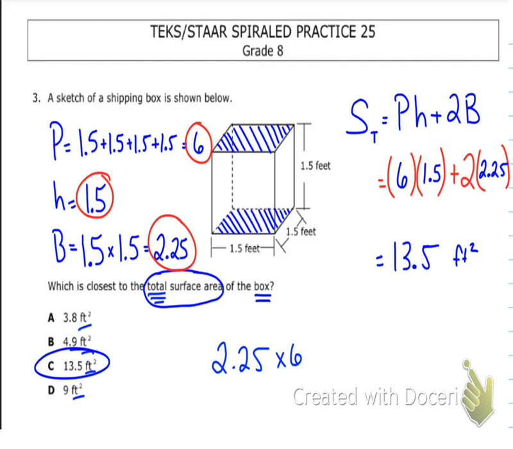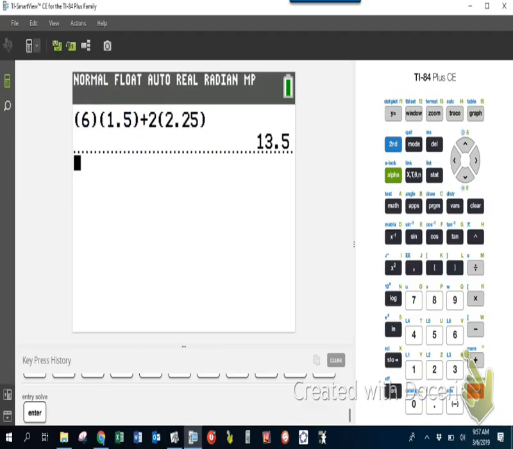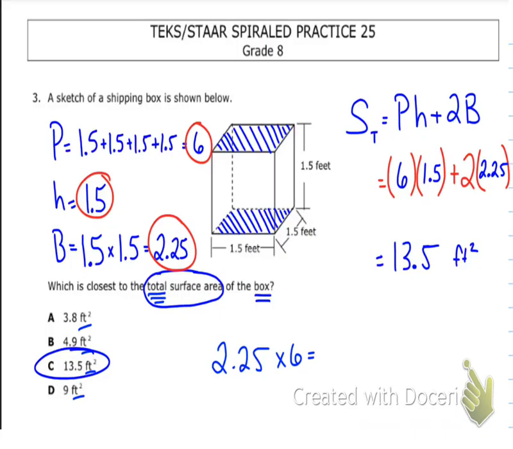So I really just have to do 2.25 times 6, because I have 6 of those. And if I do 2.25 times 6, notice that my answer is the same. But again, use this only if you actually understand it, because this will only work on cubes. It won't work on every other shape, only on a cube.